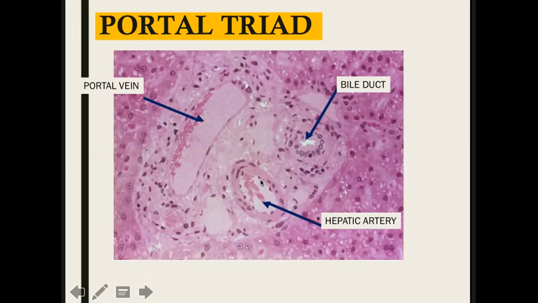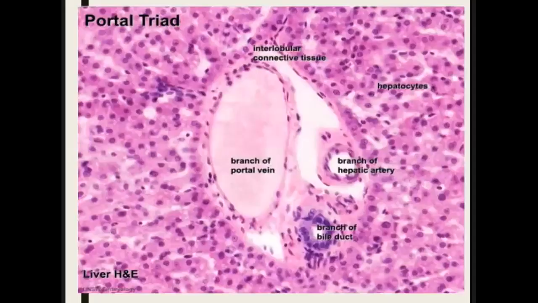The hepatic artery, on the other hand, is an arterial branch of the hepatic artery that supplies most of the oxygen. And lastly, the bile duct is one or two small bile ductules of cuboidal epithelium branching on the bile conducting system.